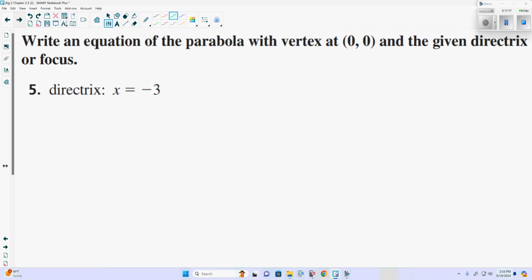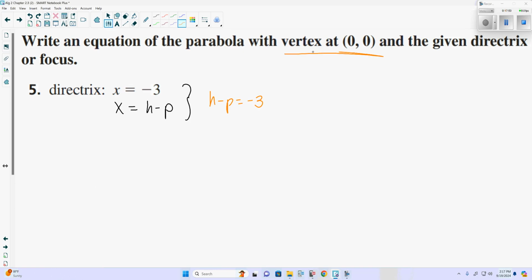Directrix, x equals negative 3. Directrix, just from the general form for x equals h minus p. So just from this here, I know that h minus p is equal to negative 3. Now we know what the vertex is at this point just because of what the lesson is, yes? But does the problem tell us the vertex? It actually does.